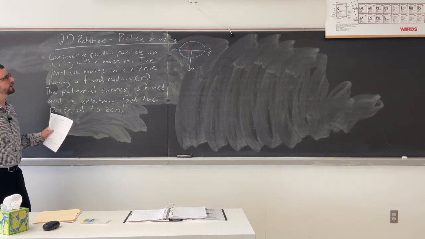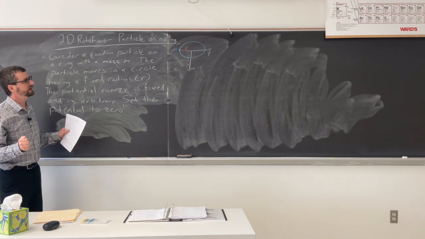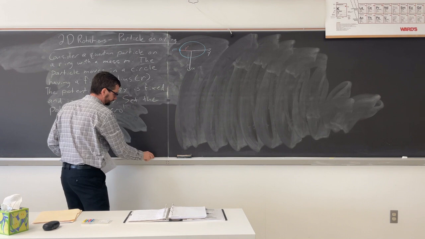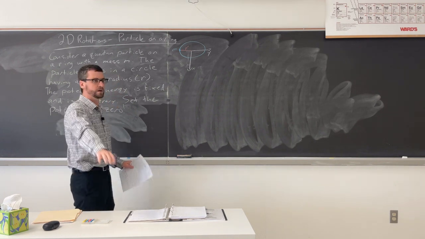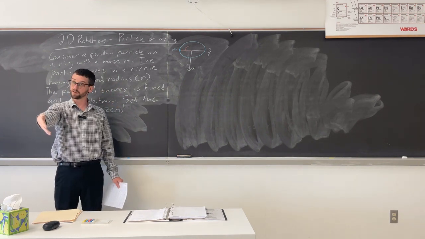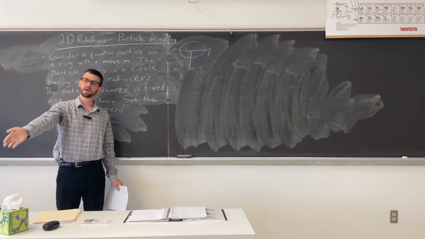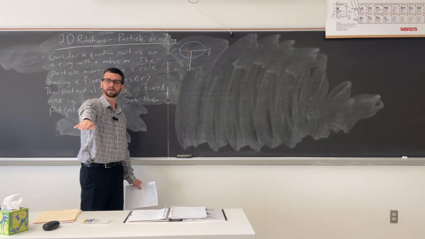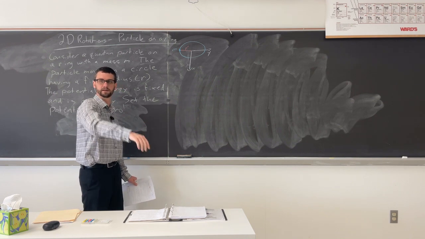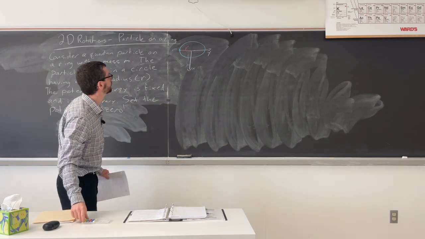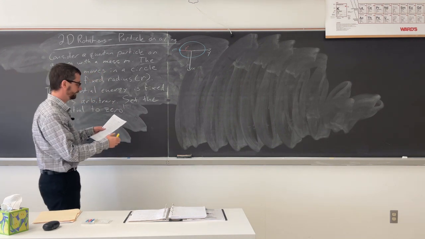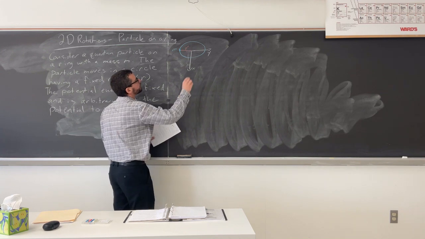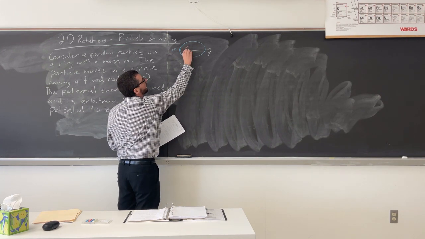What other coordinate would we need to know the location of the particle? So if it's traveling in a circle, we could know x and y, right? But I want to do it in spherical coordinates. What other parameter would I need to know where it is in this plane? Got to know that angle, right?